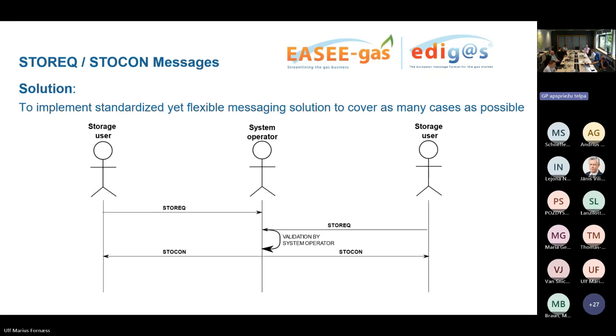Before that, of course, the system operator does a validation whether this transaction can be performed based on the rights in the storage regulating the use of the specific storage.